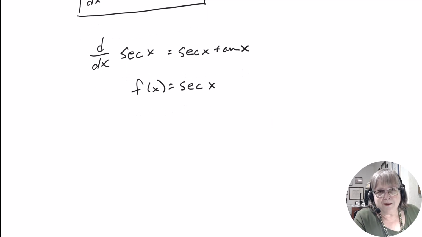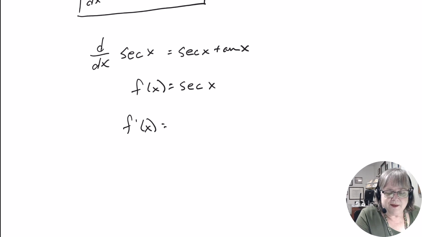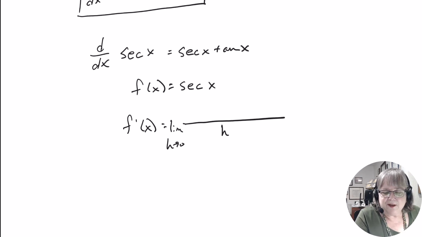And the derivative, right, is the limit as h goes to 0 of f of x plus h minus f of x over h. So f prime is the limit as h goes to 0. Here's h. This is your original function, secant x. And this is x plus h.